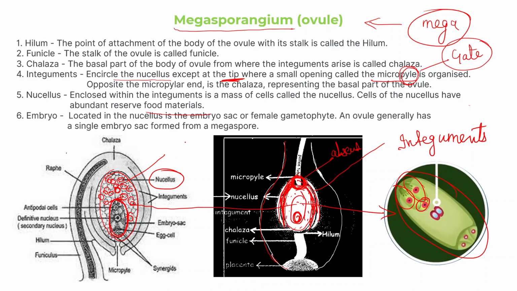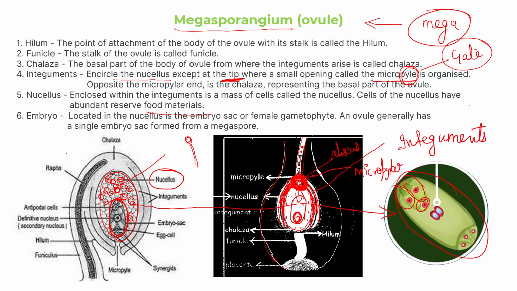I told you that the pollen grains form the pollen tube, and this pollen tube will come and reach here. So this tip is acting as a gateway so that the male gametes inside the pollen tube could enter inside. Otherwise, they have this protective layer all around the nucellus, but there is a gate through which the pollen tube or the male gametes enter inside.